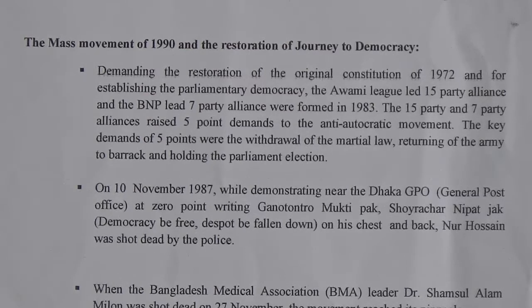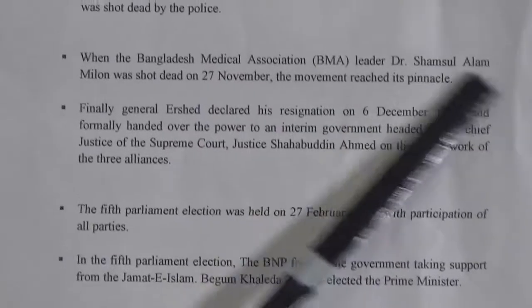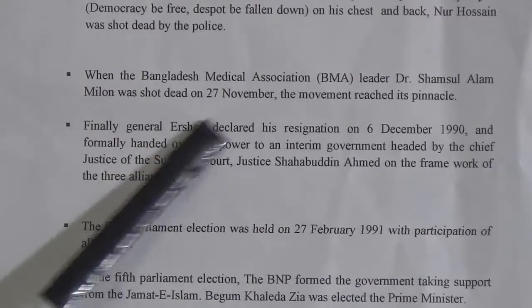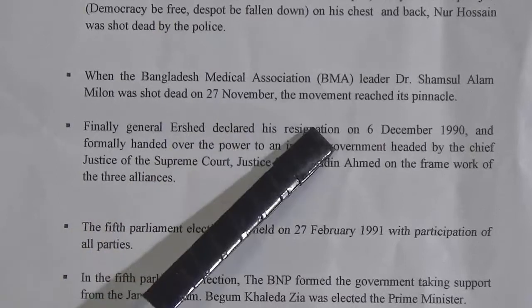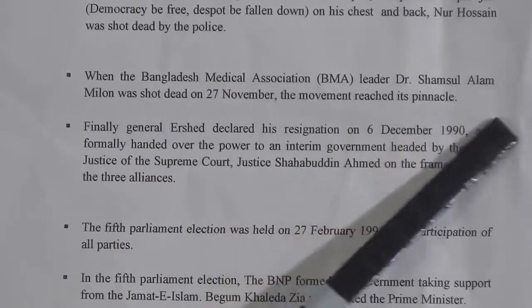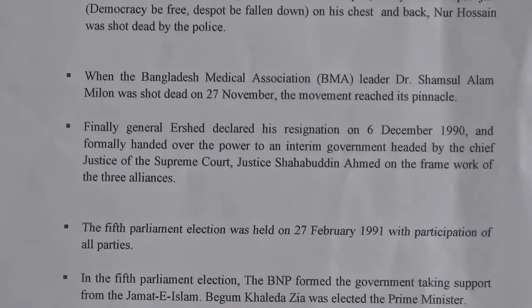After this, the Sarbodoliyo Chhatra Oikko declared that they would continue the protest until General Ershad resigned. When Bangladesh Medical Association BMA leader Dr. Samsul Alam Milon was shot dead on 27 November, the movement reached its pinnacle.